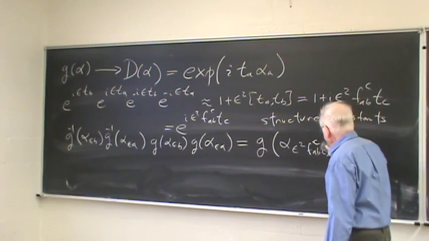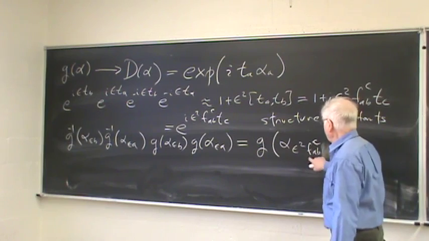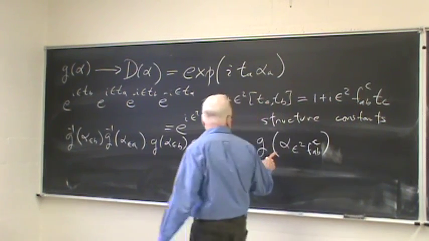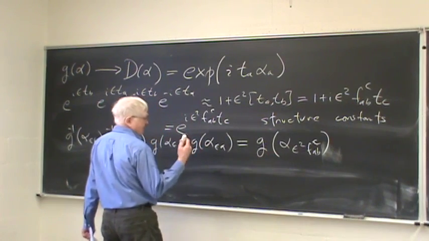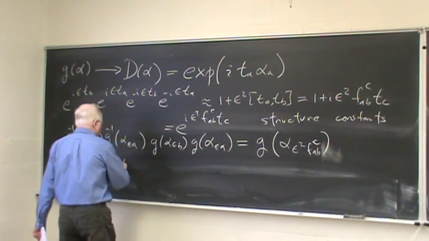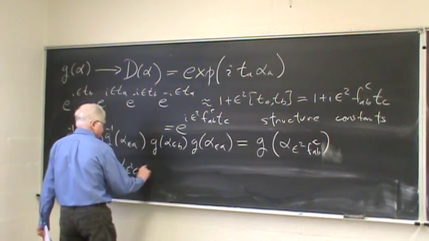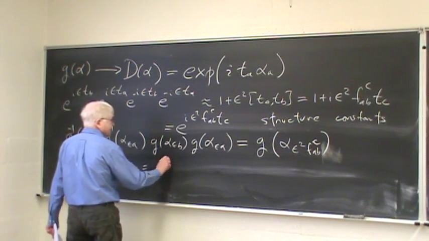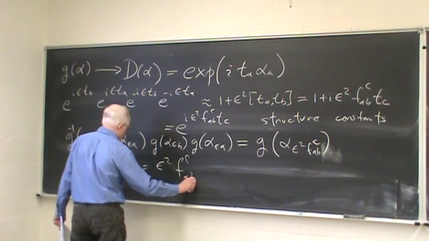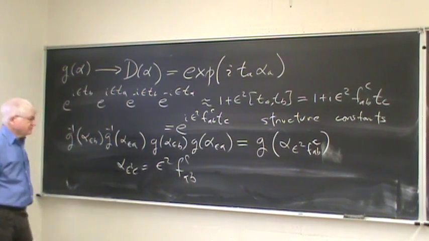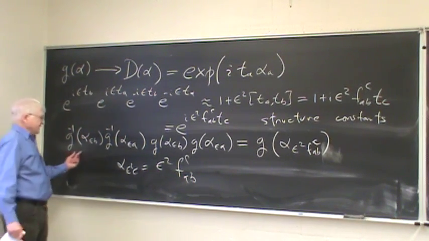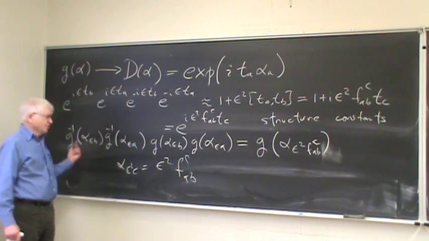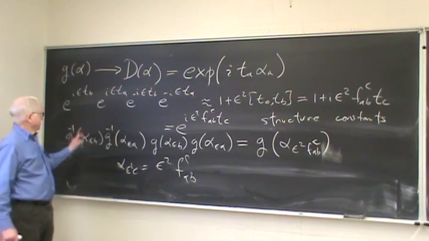Okay, it's the parameterization, in other words, where alpha sub epsilon squared C is epsilon squared f_{AB}^C, AB being fixed by the choice over here. So in other words, the group rule is this.